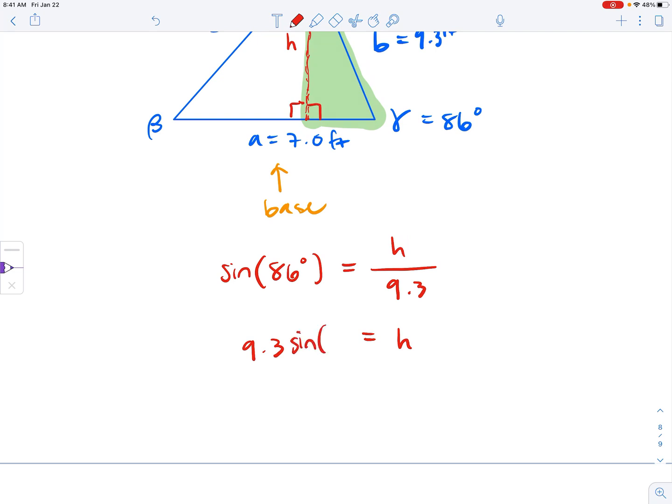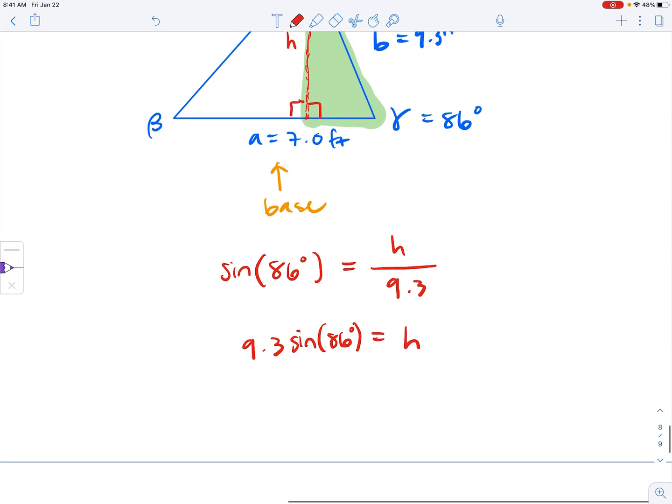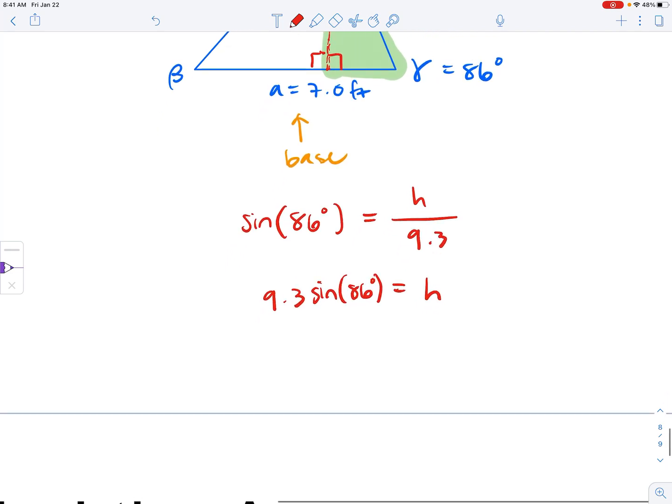So the exact value for H would be 9.3 times sine of 86 degrees. So that's the exact value of the height.